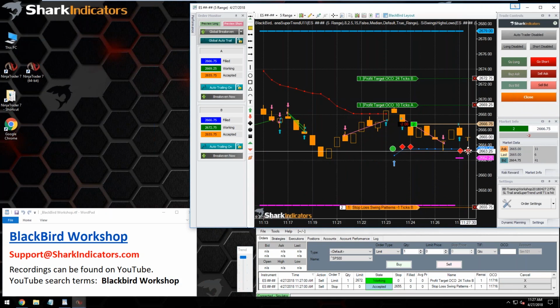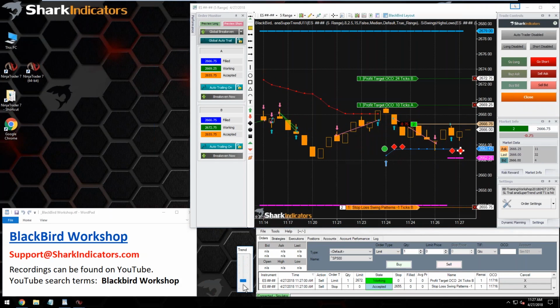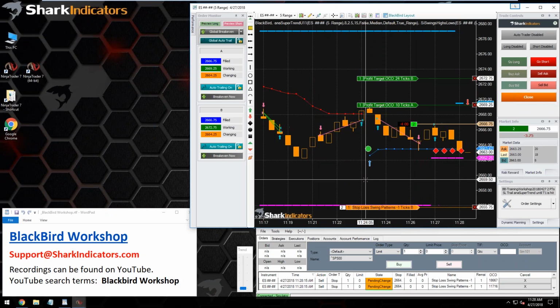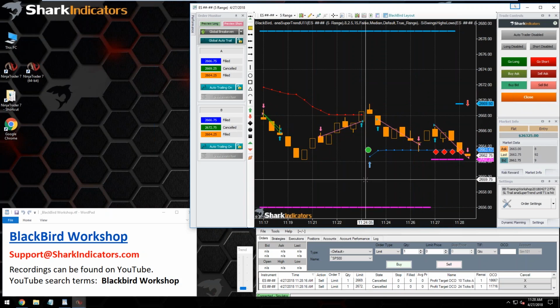All right, the second one's going to close in a losing position. All right, this third one as well. All right, so when this 4th bar closes, that should close out our position. There we go. It's working on 4 bars now. Good deal.